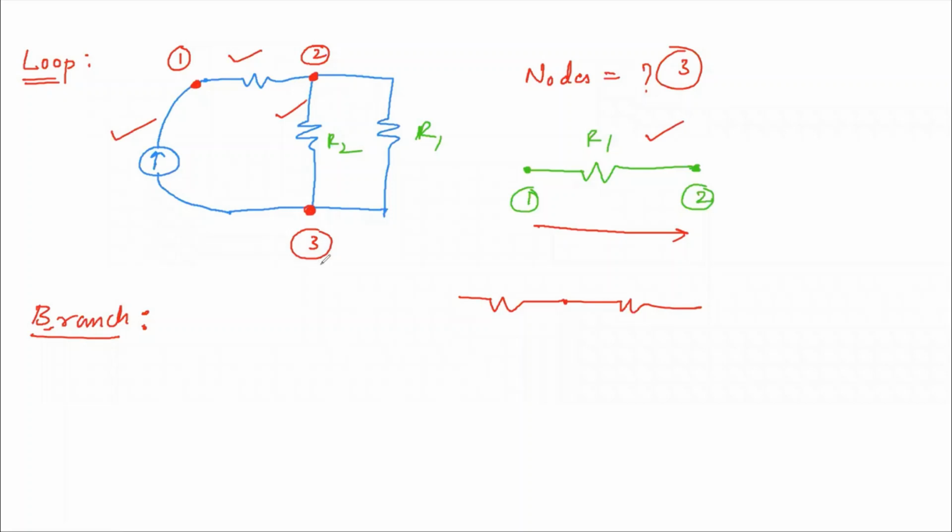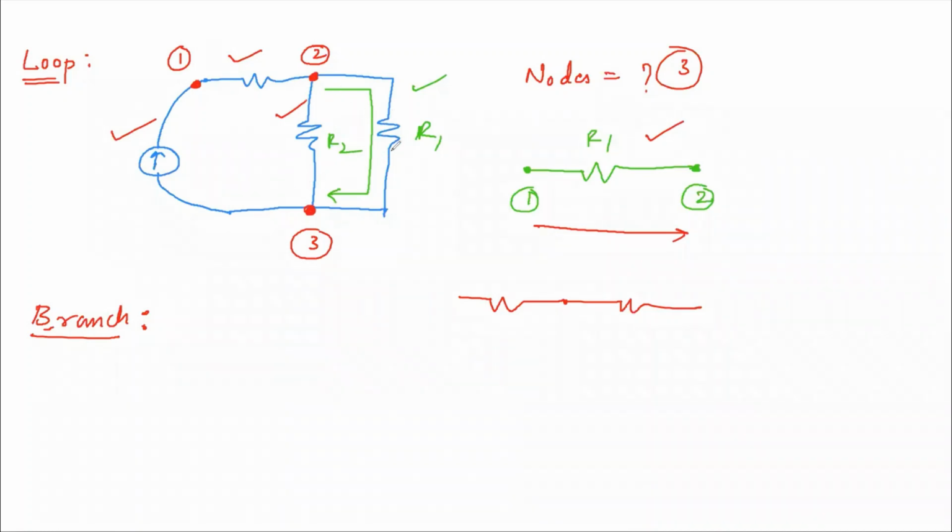So a branch is nothing but a simple path. Let us take from 2 to 3, we are taking one path. Understood? So there is a simple element. Only one element is there. So you got one point cleared, and a simple path is also there.